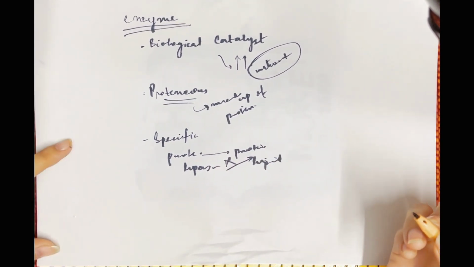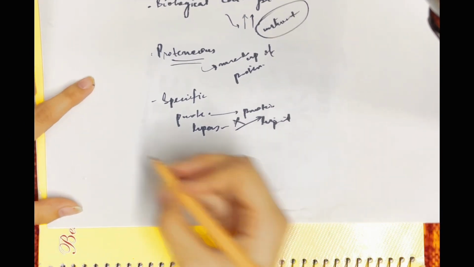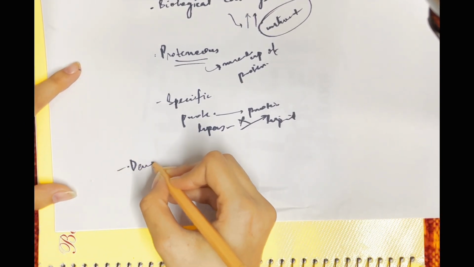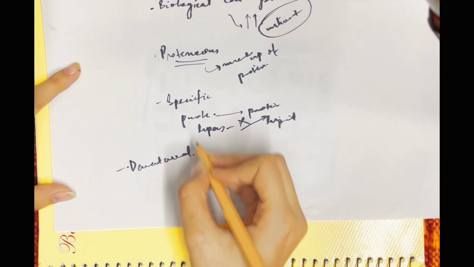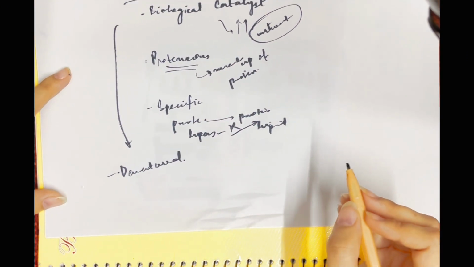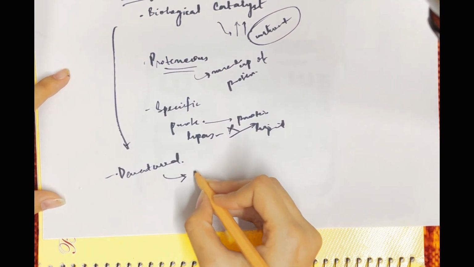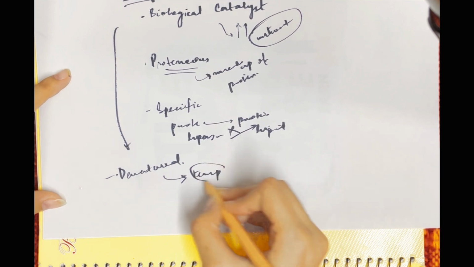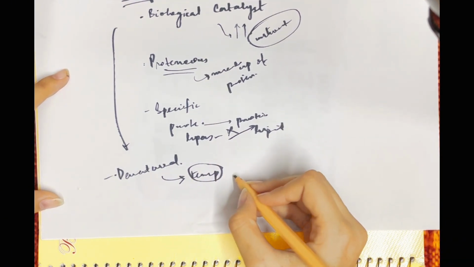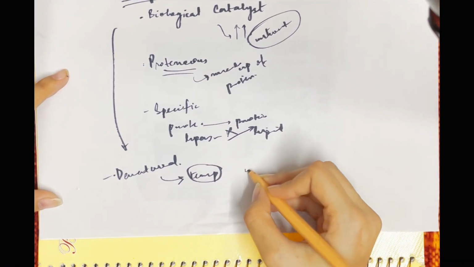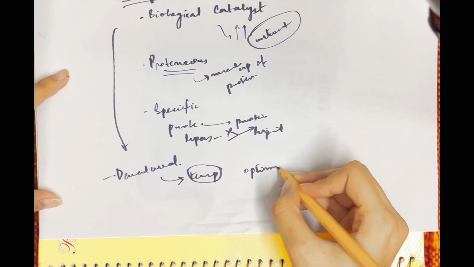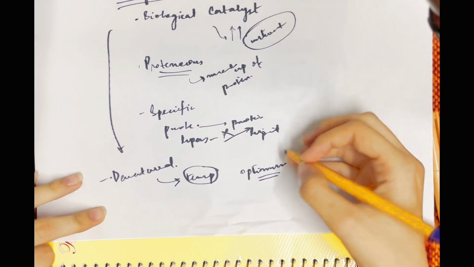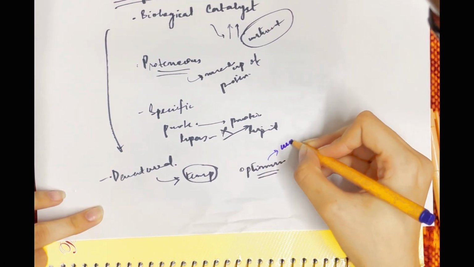The next thing that we need to learn is what is meant by the term denatured when it comes to enzymes. The term denatured refers to temperature. Whenever the temperature is raised above the optimum temperature, what is meant by an optimum temperature? Optimum temperature means the temperature at which the enzyme works best.